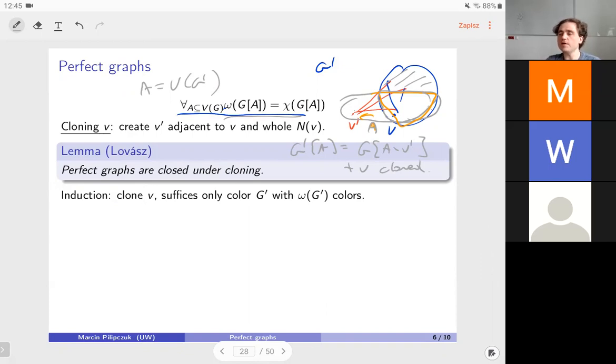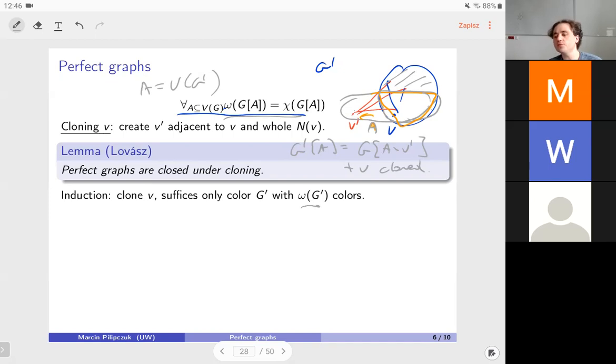So you clone the vertex, and you really want to check that after cloning, chi still equals omega for the new graph, because every induced subgraph is either an induced subgraph of something already perfect, or a cloning in something smaller, where equality follows from the induction hypothesis. Okay, so the only task really to be done here is that I cloned V and I want to color the new graph with omega of G prime colors. So let's look at this omega of G prime.